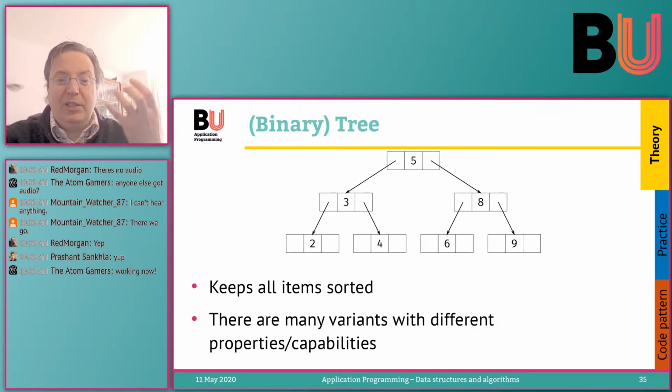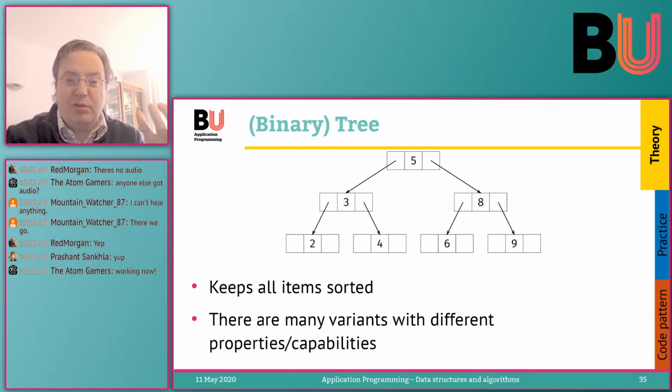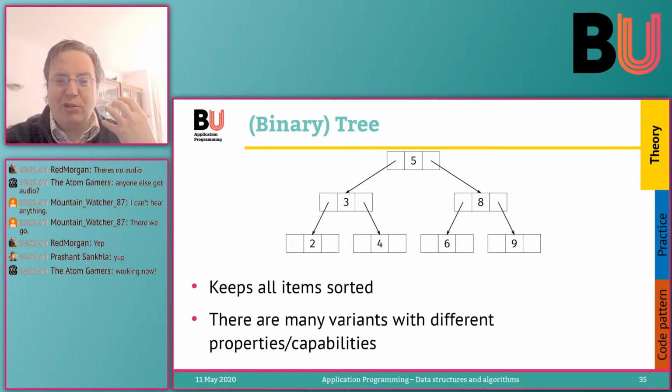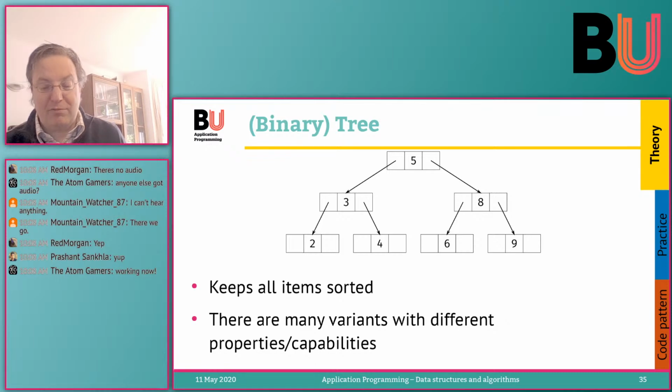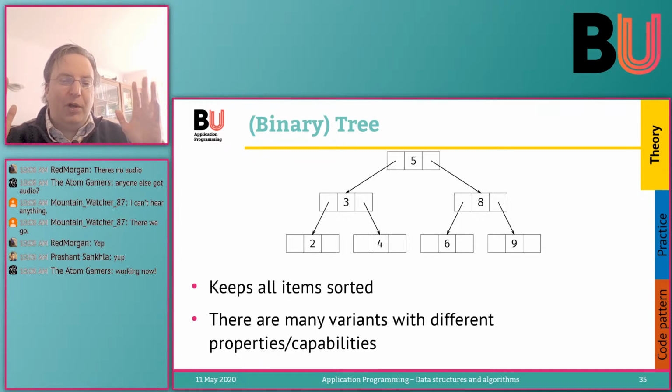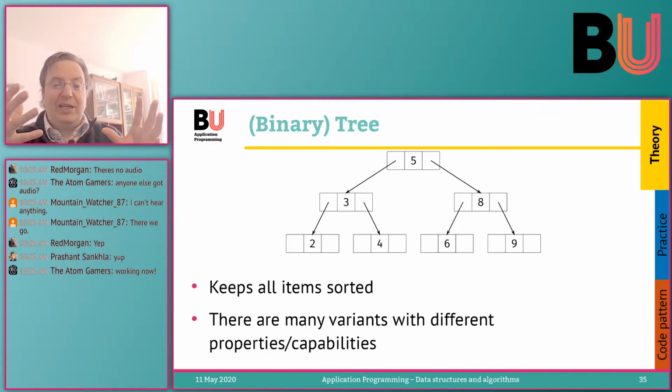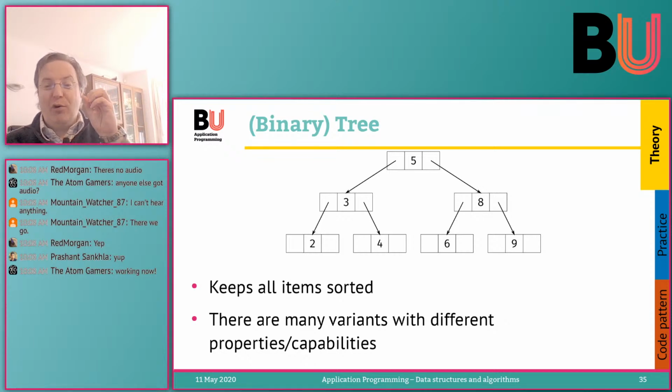And then the final one is the binary tree, which is actually a sorted data structure. It automatically sorts, and there are many variants of a binary tree. I could do a whole series of lectures on trees only, but what this binary tree does is basically maintain sorted data, so sorted in the natural order of the elements, not in the order in which you added things to the collection.